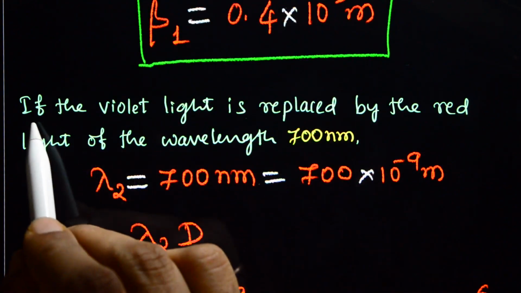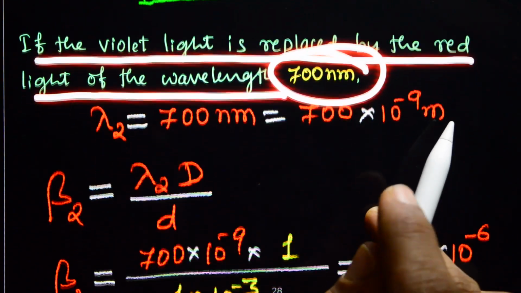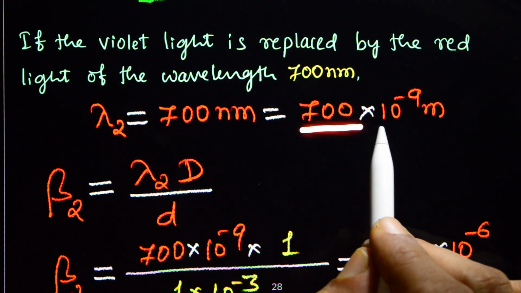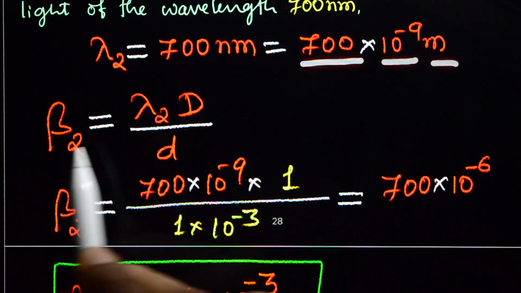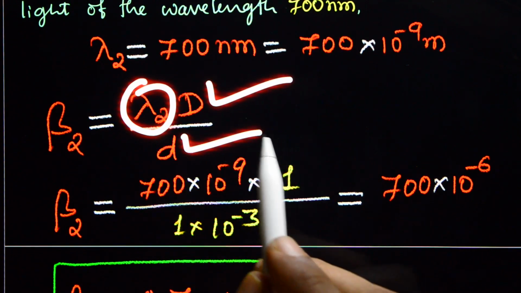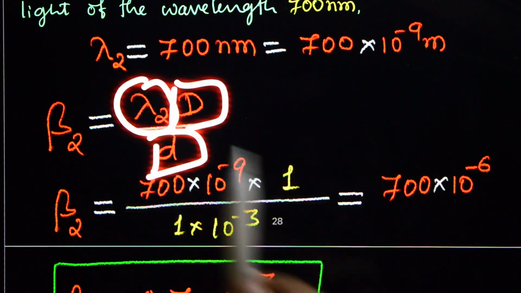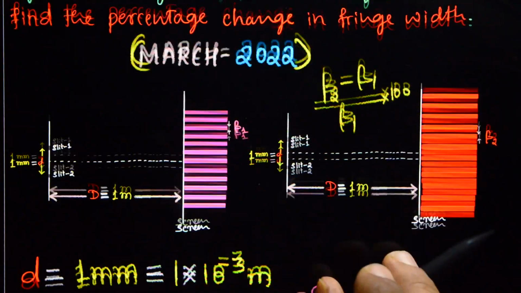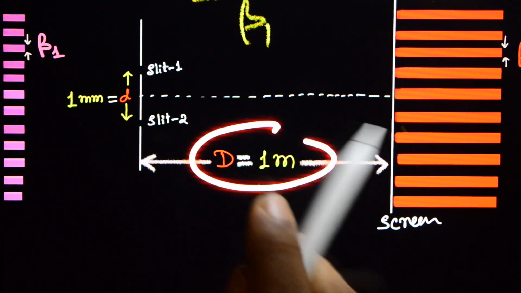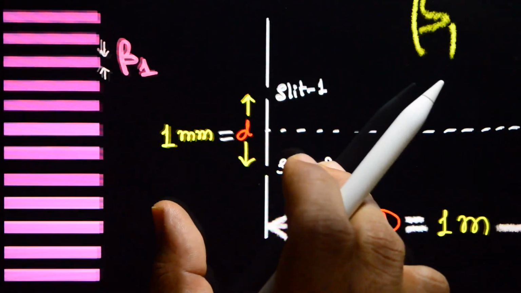Okay. Next, if the violet light is replaced by red light of wavelength 700 nanometer, that is lambda 2 is equal to 700 nanometer, meaning 700 into 10 raised to minus 9 meter. Now beta 2 is equal to lambda 2 into capital D divided by small d. We are not changing capital D and small d, only the wavelength of light. Capital D is the same as earlier, that is 1 meter, and small d is also the same.